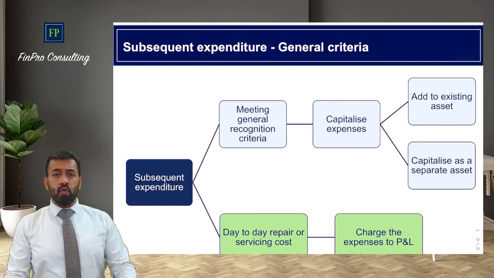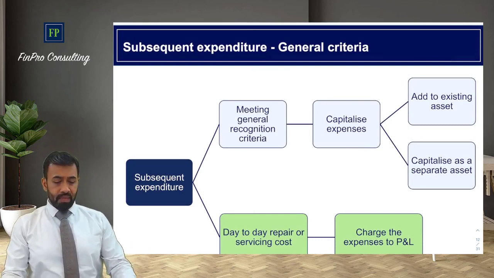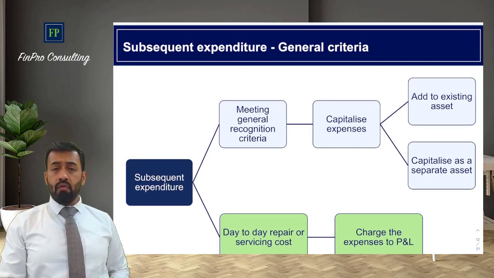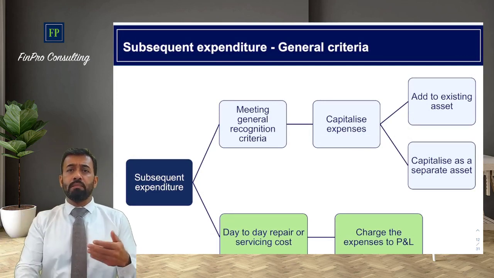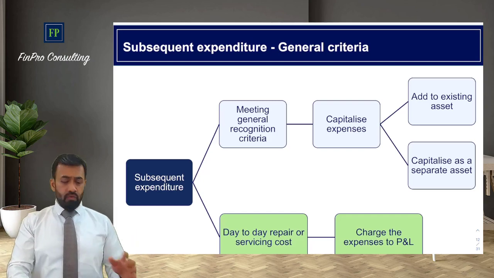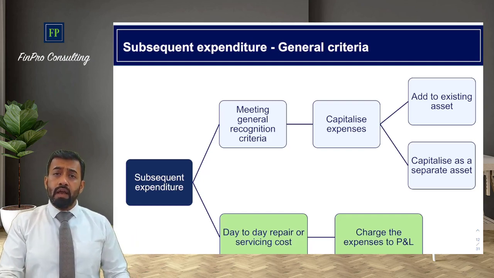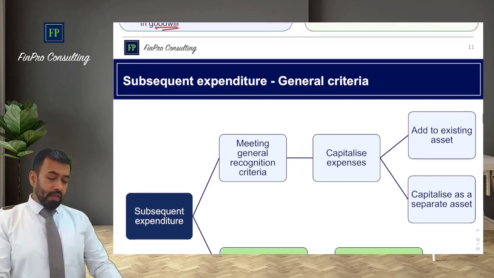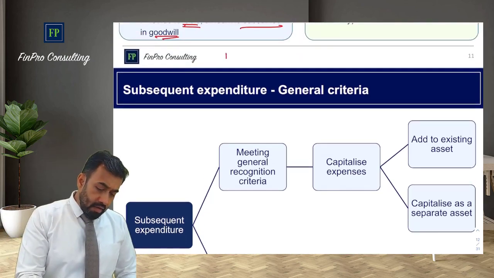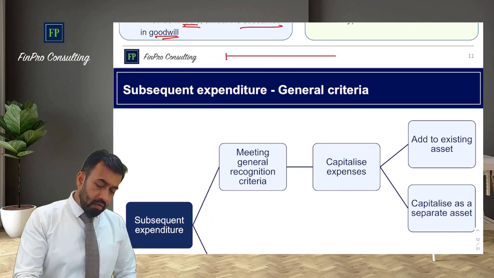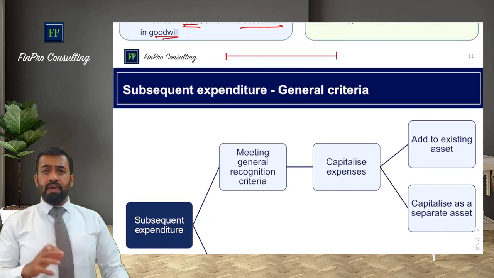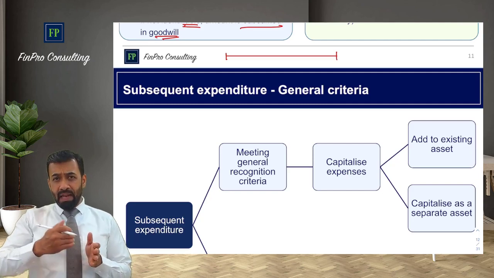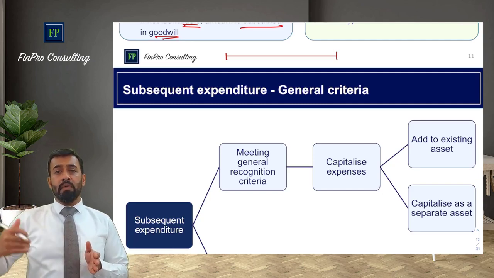Now, subsequent expenditure. Now, this is important for us to understand what the subsequent expenditure is, first of all, and then we will be able to discuss the accounting treatment of such subsequent expenditure. Now, let's say there is a certain time period which lapses in preparing that asset to make it usable.